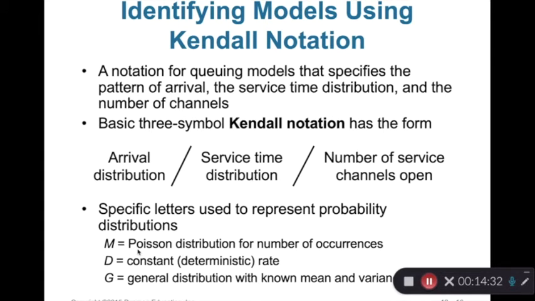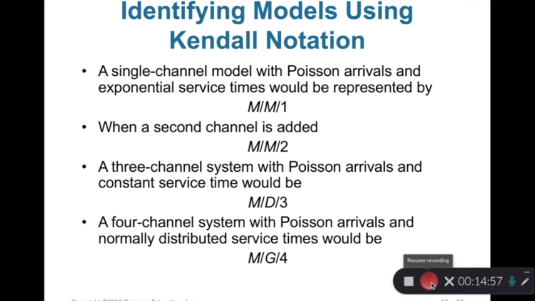M stands for Poisson distribution for number of occurrences. D stands for the constant rate. G, general distribution with known mean and variance or standard deviation. So I'd like you to understand this Kendall notation, and you also should know how to read and use this notation as well.